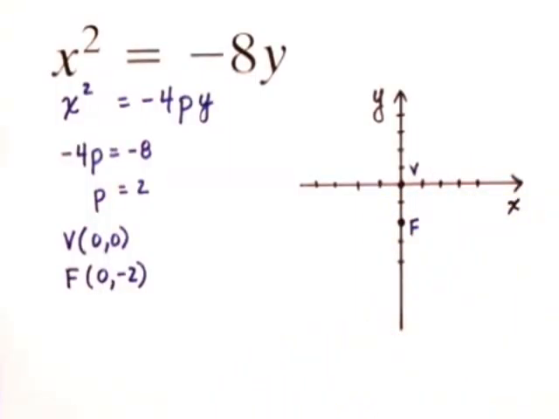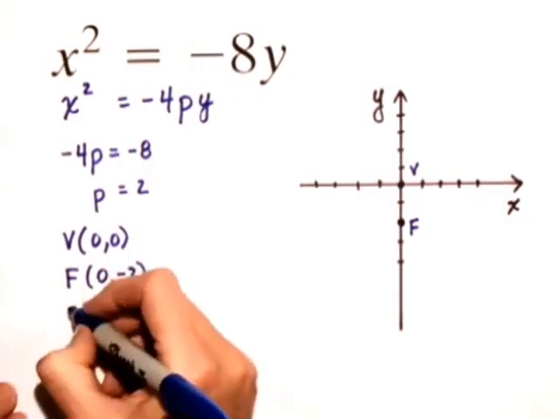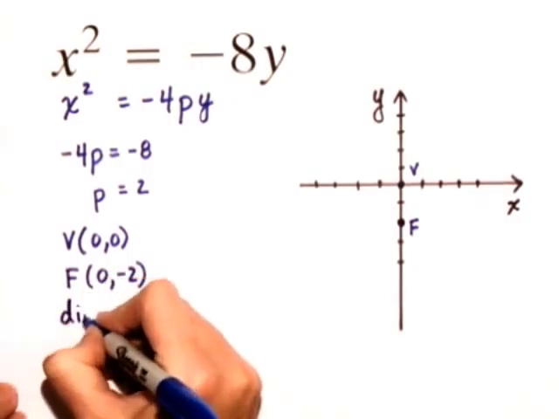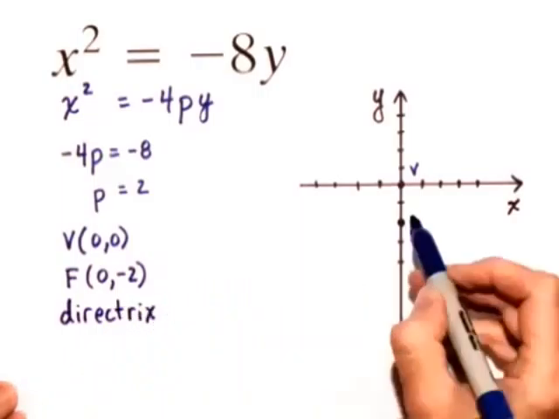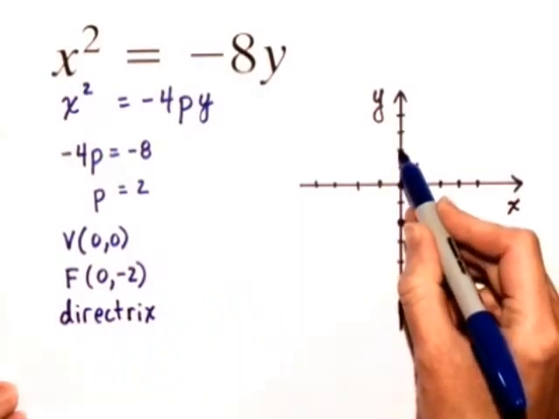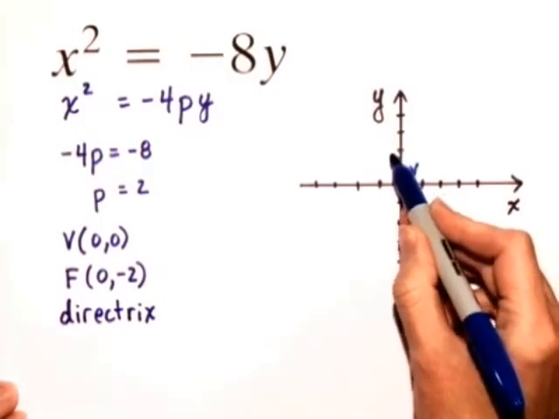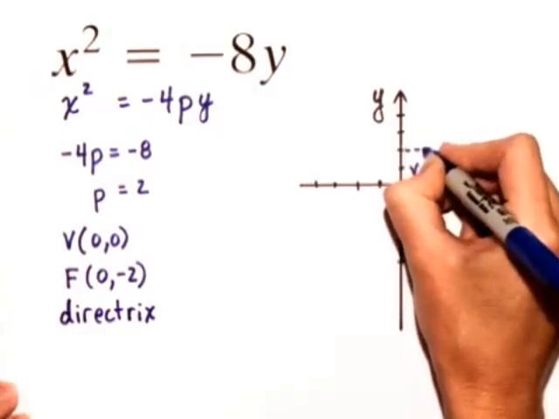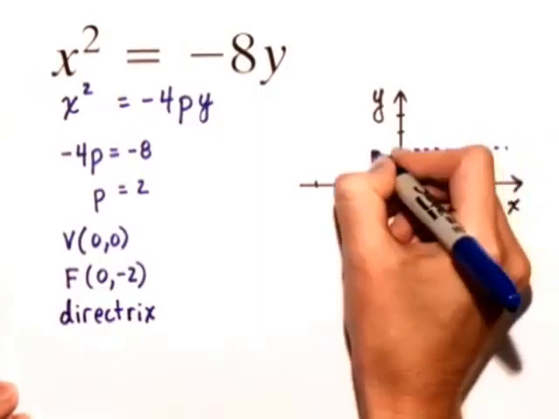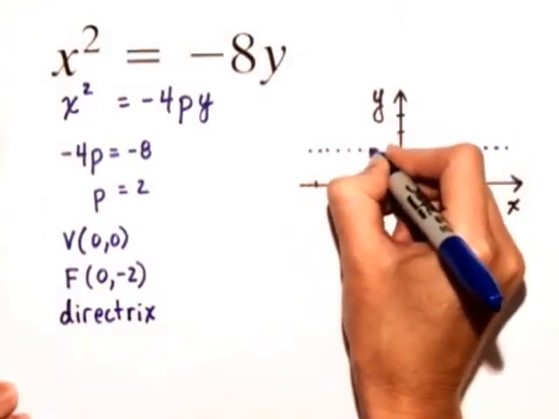And the directrix is the line that is also 2 units from the vertex, but it's in the opposite direction of the focus. So the directrix, in this case, is located exactly 2 units above the vertex, and it's a horizontal line passing through y equals 2.